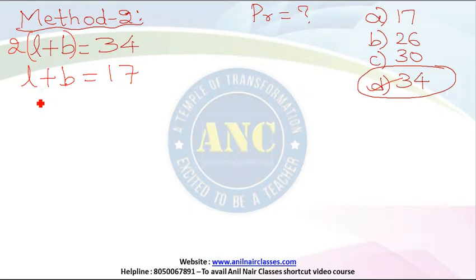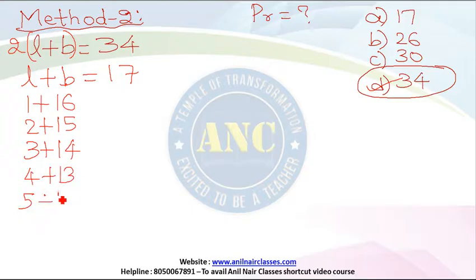That means it can be any of these values: 1 plus 16, 2 plus 15, 3 plus 14, 4 plus 13, 5 plus 12, 6 plus 11, 7 plus 10, 8 plus 9, and then the reverse will start: 9 plus 8, 10 plus 7, and so on. The reverse is not a headache here, because length can be interchanged with breadth in a rectangle, since perimeter is 2 into L plus B. L plus B is commutative, and L into B for area is also commutative, so no worries.